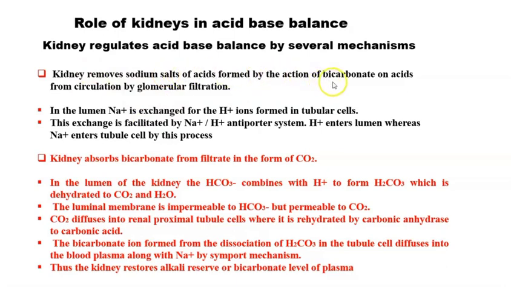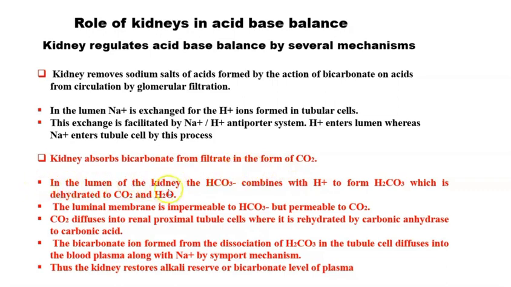Now we move to mechanism number two: how does the kidney absorb bicarbonate? The kidney absorbs bicarbonate from filtration in the form of CO2. How is it not absorbing bicarbonate directly, instead absorbing CO2? You will understand as you listen carefully.